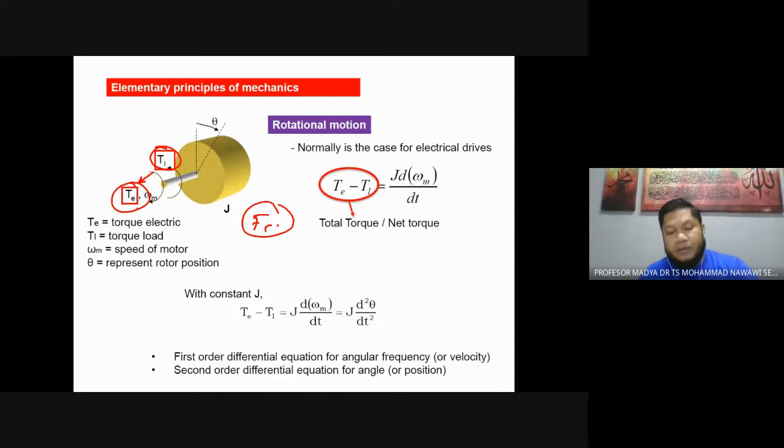So we have a net torque, TE minus the load torque, and this equals J multiplied by d omega m over dt. If you have a constant J, then we have this equation again, similar to before: first order for angular frequency and second order for angular position.